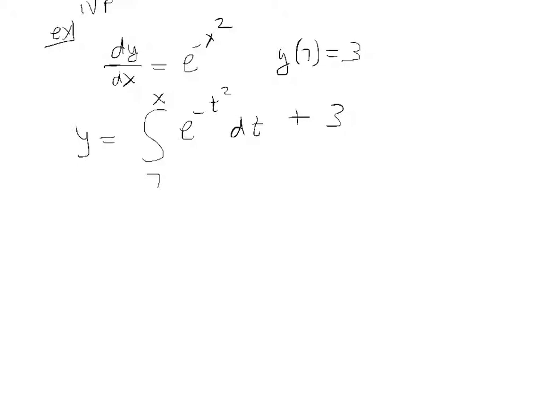And the derivative of 3 is 0, so it goes away. So this function's derivative is this. You can also see that if I put 7 in for x, the integral from 7 to 7 would be 0. That's a definite integral. And then we would add 3, and we would get this initial condition. And so there it is. This is another way of writing the function y whose derivative is that, the answer to this differential equation.